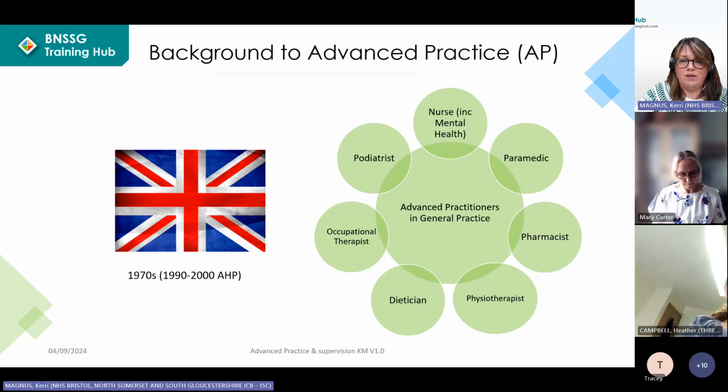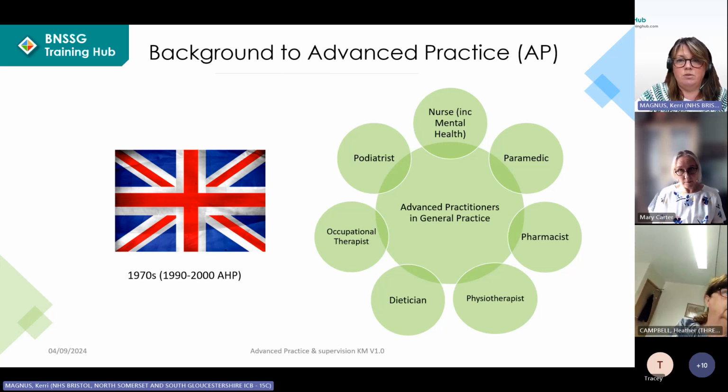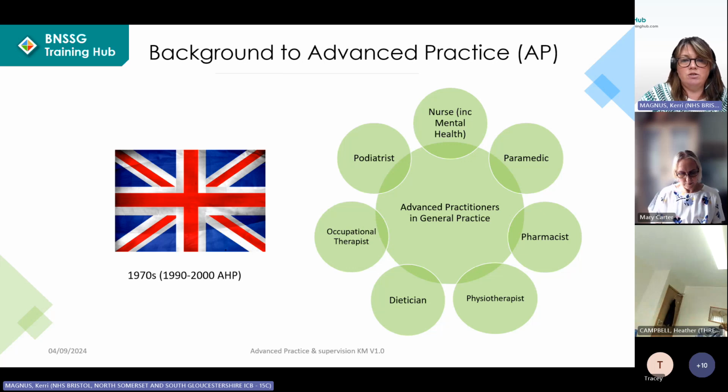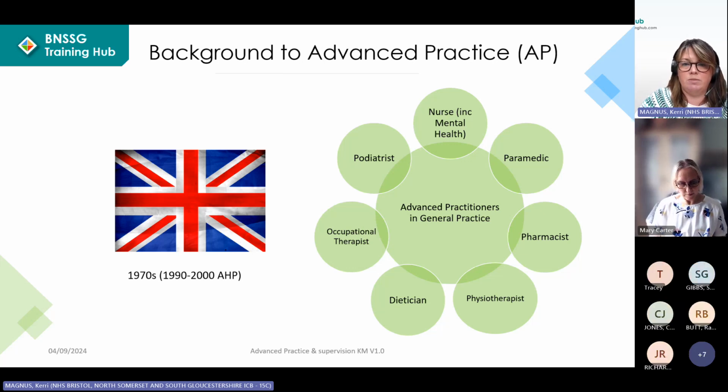And we now have advanced practitioners in general practice who are paramedics, clinical pharmacists, mental health nurses, physiotherapists. We don't necessarily have any podiatrists, OTs or dietitians, but as part of the employment scheme, they are able to become advanced practitioners as well. And as part of the national drive, they are also able to become advanced practitioners.